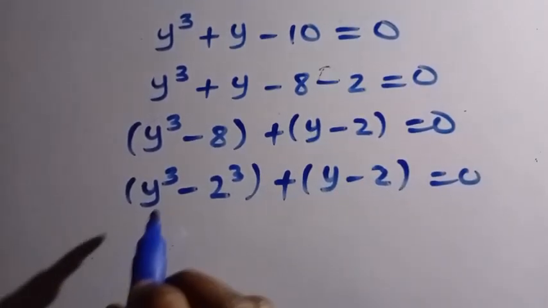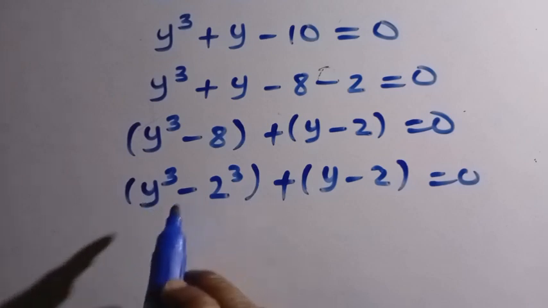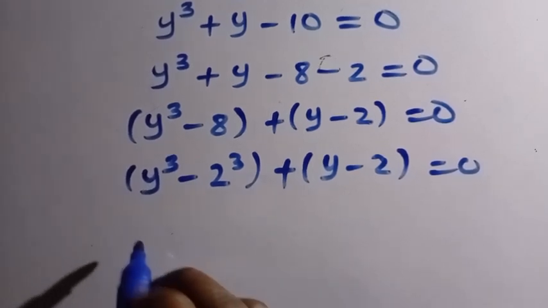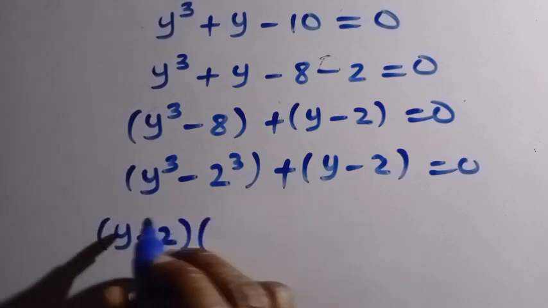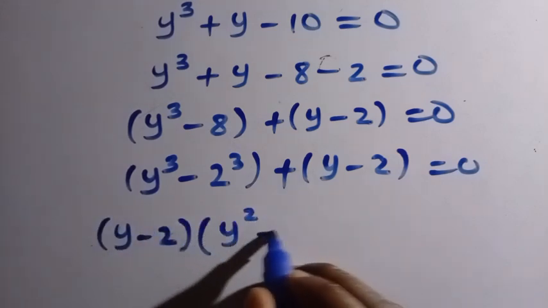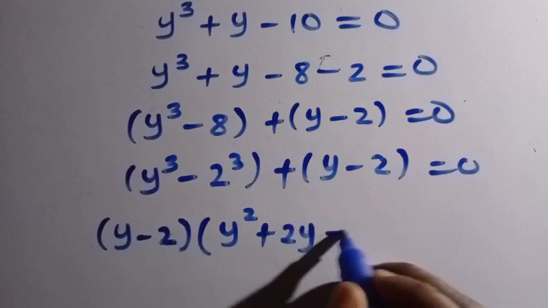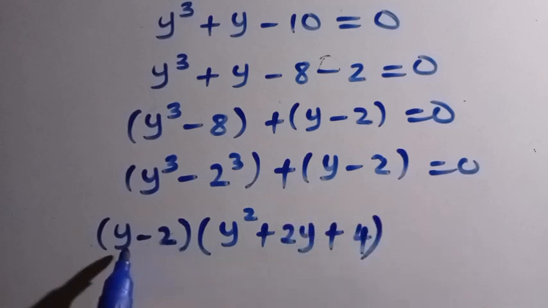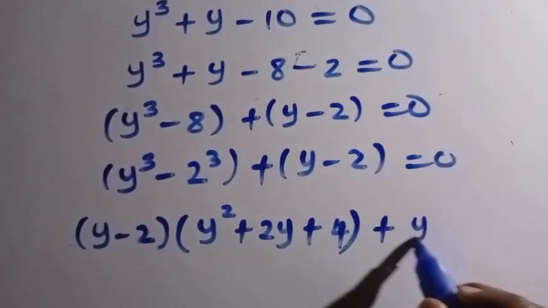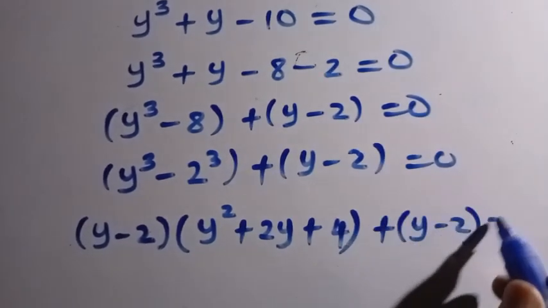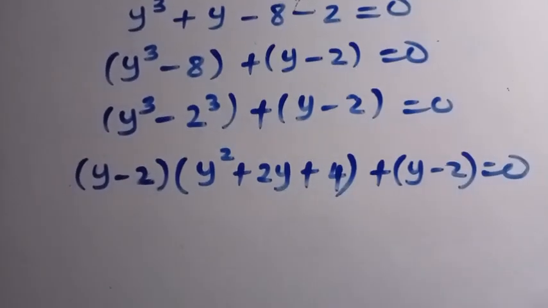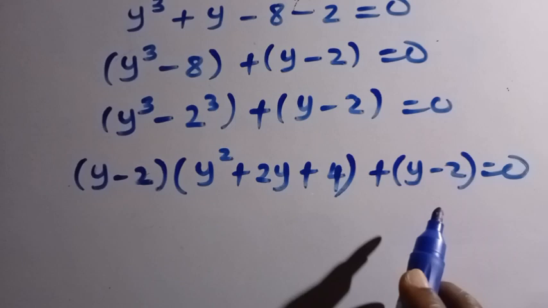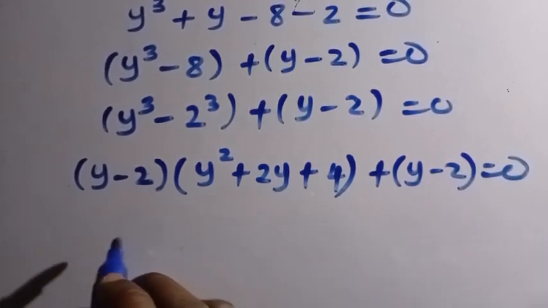This is just like a difference of cubes, which we can write as y minus 2 multiplied by y squared plus 2y plus 4. Then plus y minus 2 equals 0. From this, we have y minus 2 here and y minus 2 here, which means we can factor it out.